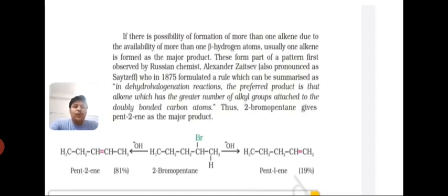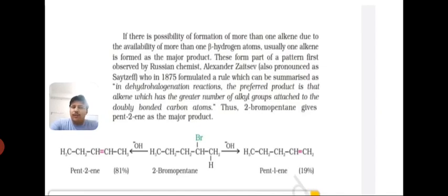If you see 2-bromopentane, with respect to bromine, that second carbon is alpha, and to the left and right the carbons are beta carbons, right? So one product is formed when the elimination takes place to its left side, and the other in the case of the right side, right? That means 2 products are going to be formed.